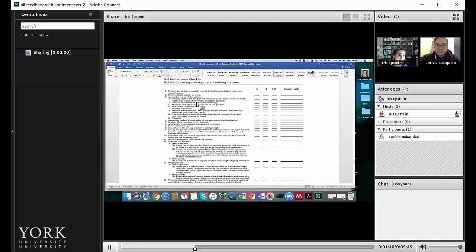Another thing that is important before actually doing the skill is assessing the status of the patient. And that could include assessing when the patient last voided. And we can do that by palpating the bladder for distension, right? Why do you think it is important to palpate the bladder for distension before we put in the indwelling catheter?